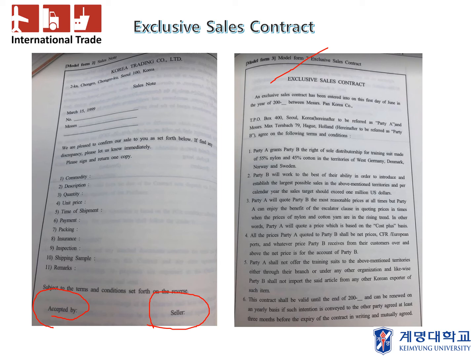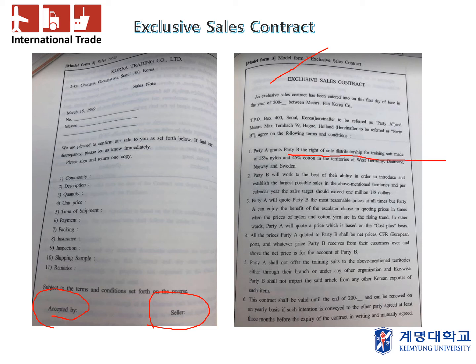So you have there party A, party B. I'm going to read the first condition of party A: grants party B the right of sole distributorship of training suit made of 55% nylon and 45% cotton in the territories of West Germany, Denmark, Norway, and Sweden. So you see the specific descriptions of the suit.